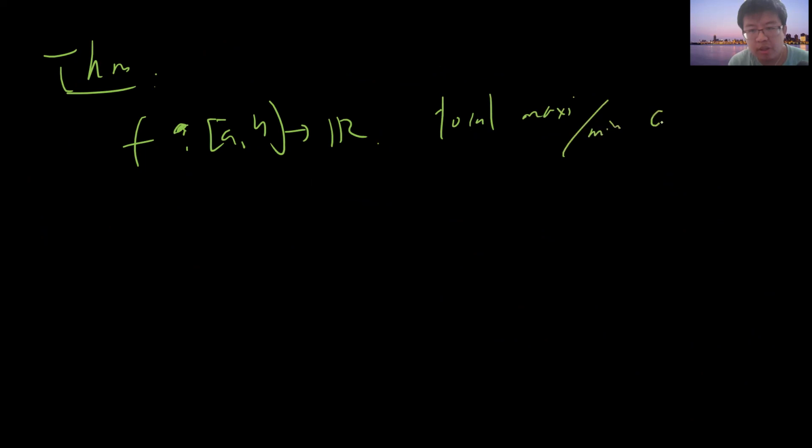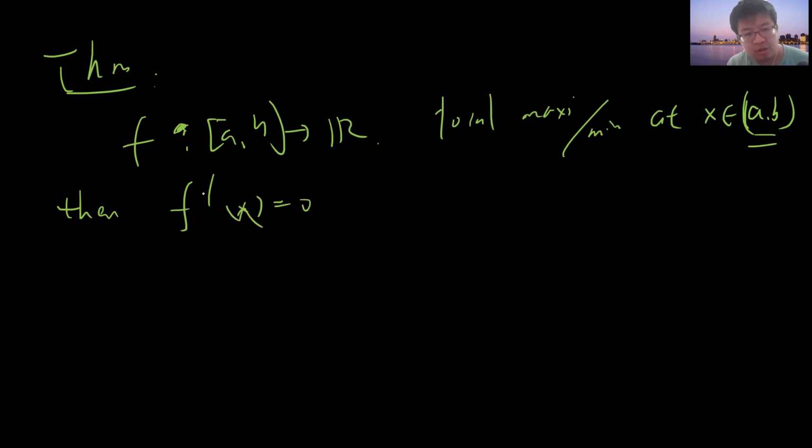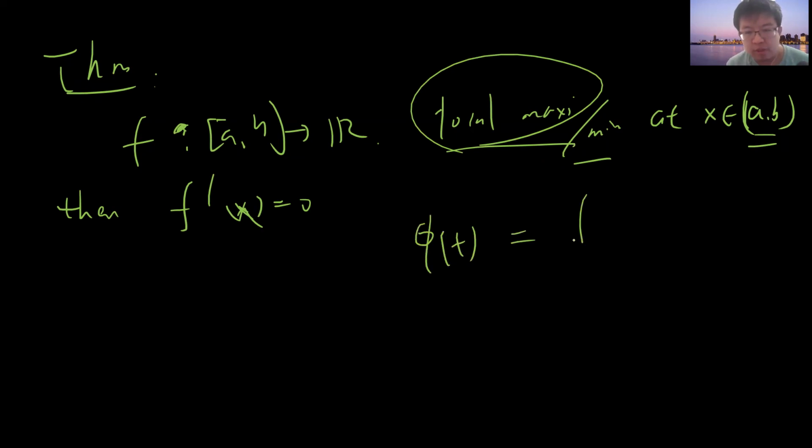Okay, so the theorem: f defined on [a,b] to R, still the old school. Suppose you have a local maximum or minimum at x belonging to the open interval, because I want to deal with the two sides. Then f prime of x is 0. So this is almost trivial. Let's prove it for a local maximum. By definition, you will consider phi of t equals f of t minus f of x over t minus x.